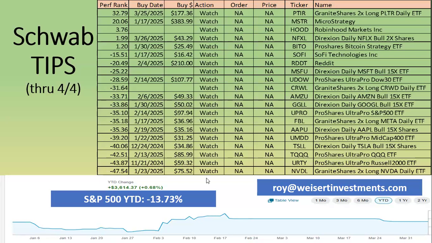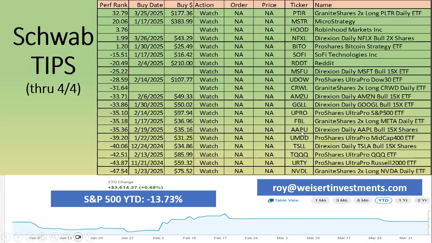What it does here is that we follow 20 stocks and/or ETFs. But the thing you'll find out is that, like for Palantir and MicroStrategy and Hood and Beto, a lot of these stocks and/or ETFs have a 2-to-1 ratio.